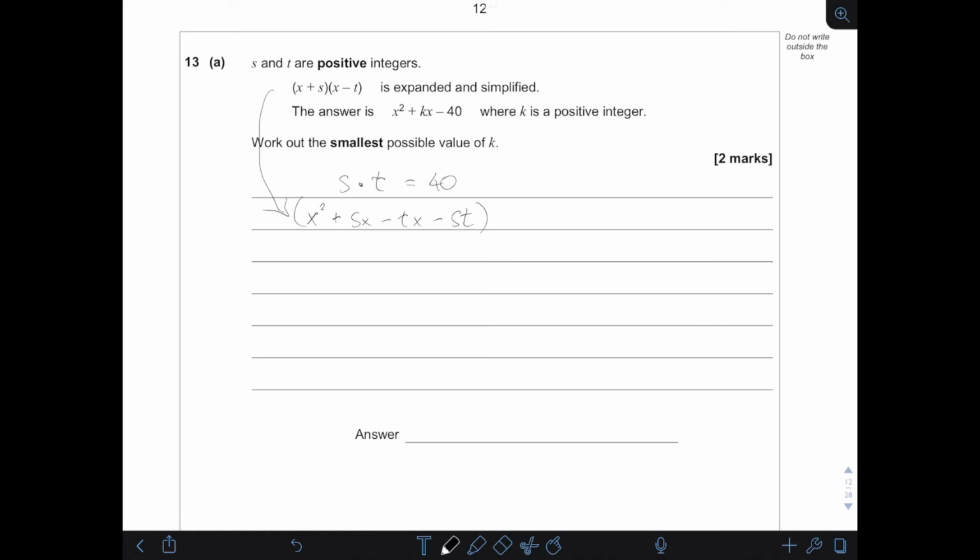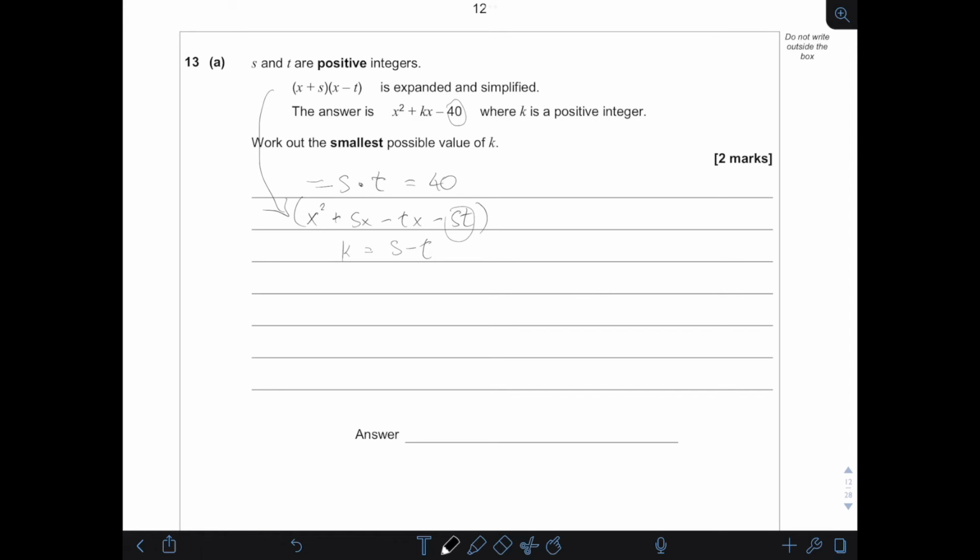And here we can see that the k term is equal to s minus t, whereas the minus 40 is just the st, right? So that's why this is the case.